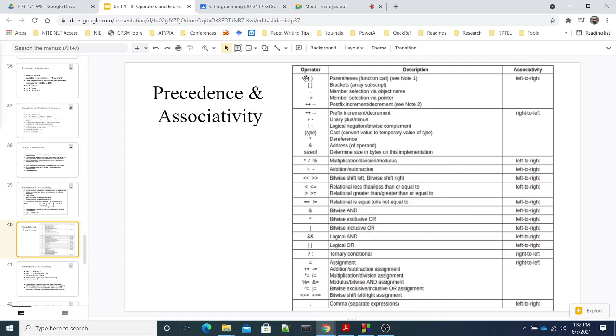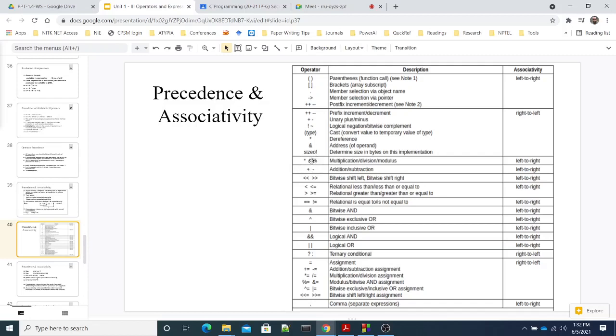Higher in the table means higher precedence, and within a cell, all have the same precedence. Multiplication, division and modulus have equal precedence among themselves, but higher than addition and subtraction.